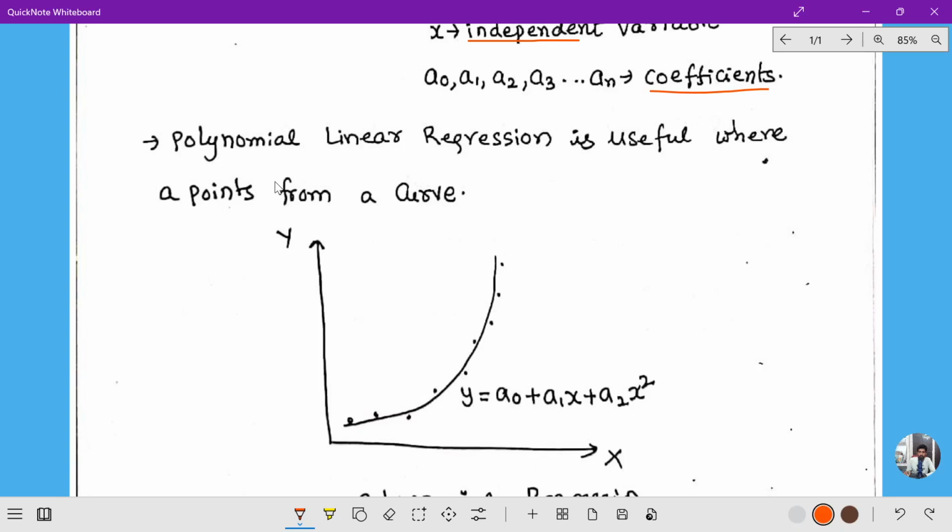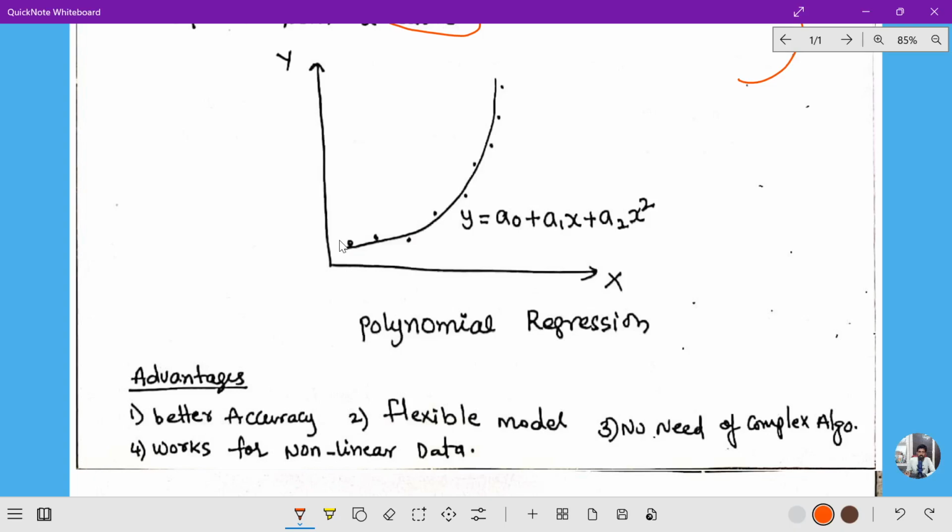One of the most important questions: when the curve is there, this is called a curve. So this is about polynomial linear regression. Now you can observe this is the graph related to polynomial regression. The graph could be something like a curve. The equation is y is equal to a0 plus a1x plus a2x square.